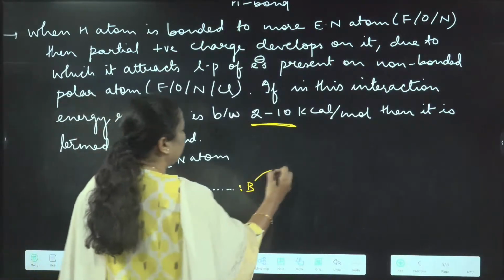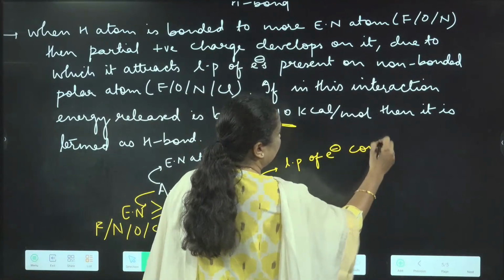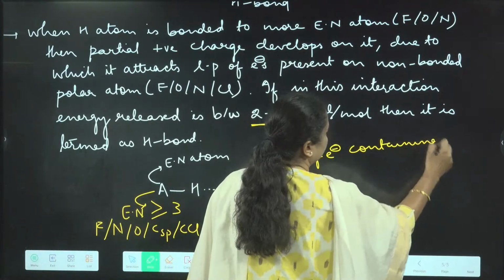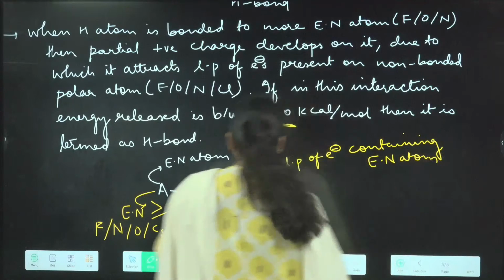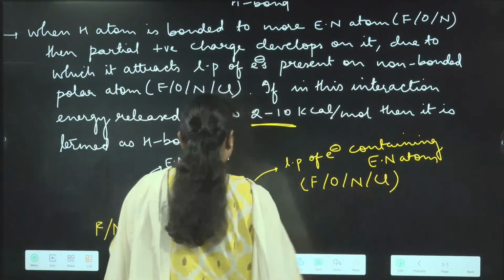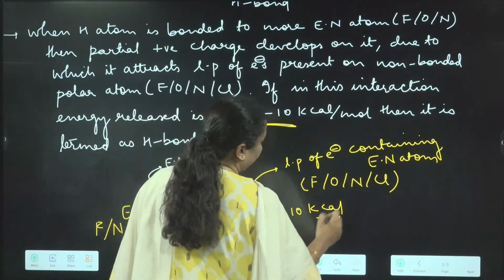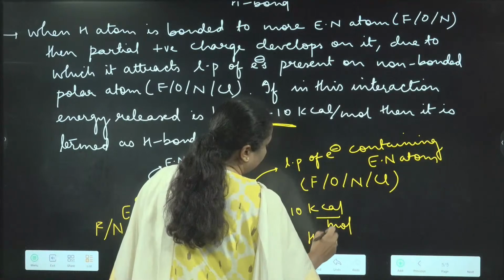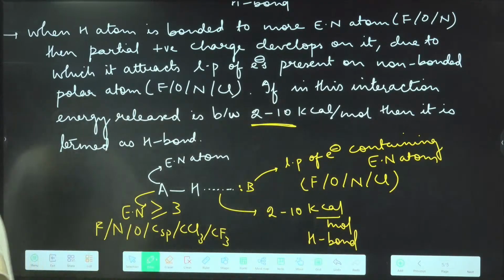And here, basically, a lone pair of electron containing electronegative atom, which is normally fluorine, oxygen, nitrogen and chlorine, normally I'm saying. And here, if 2 to 10 kilocalorie per mole of energy is liberated, I call this a hydrogen bond. Please make sure that you are writing it.